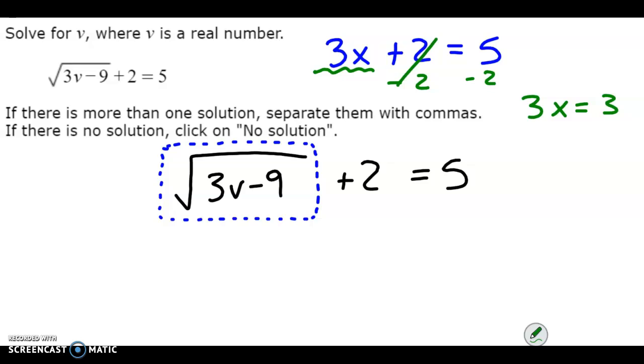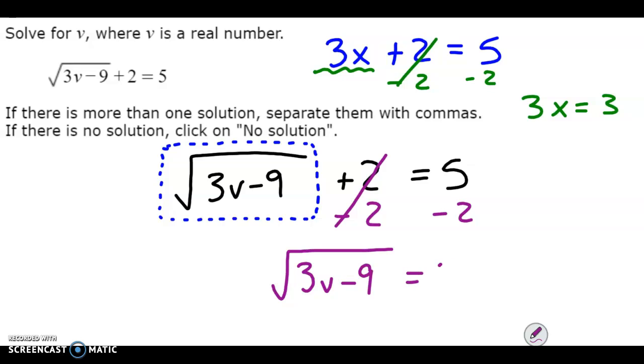Now, granted, it's not the exact same situation because there's more than just an x going on, but there's one big grouped piece plus 2 equals 5. We're not going to do anything with the grouped piece until it's all that's left. So the first thing I'm going to do is subtract 2 from both sides. And now I am looking at the square root of 3v minus 9 equals 3.